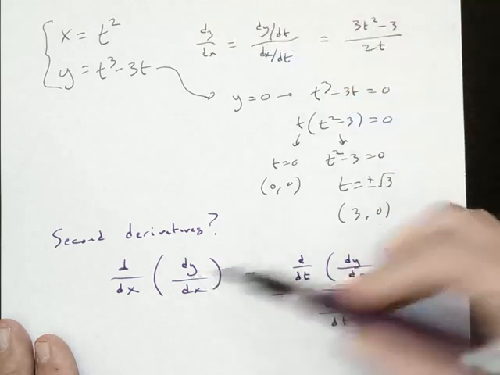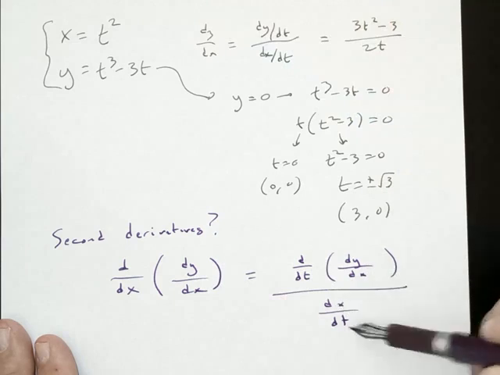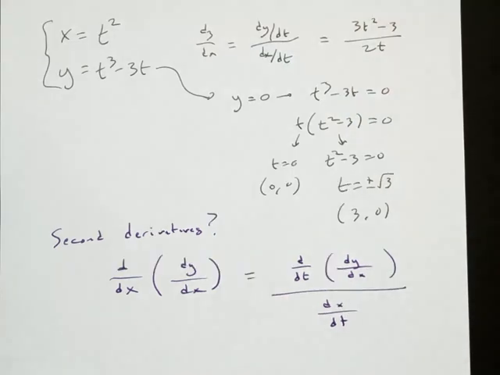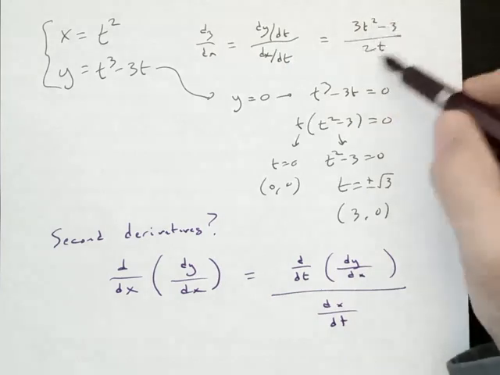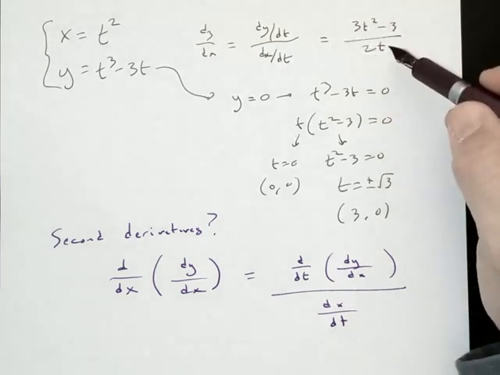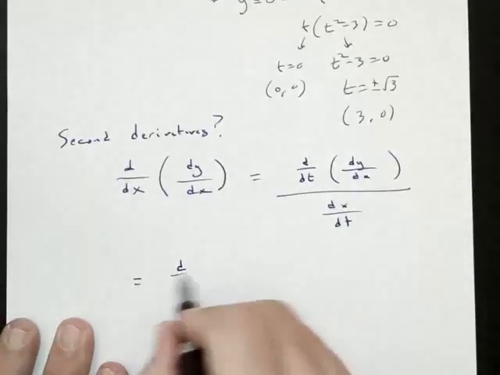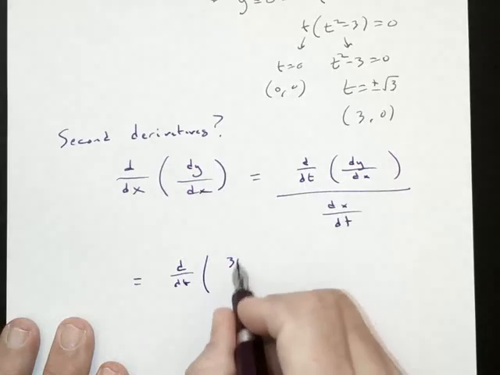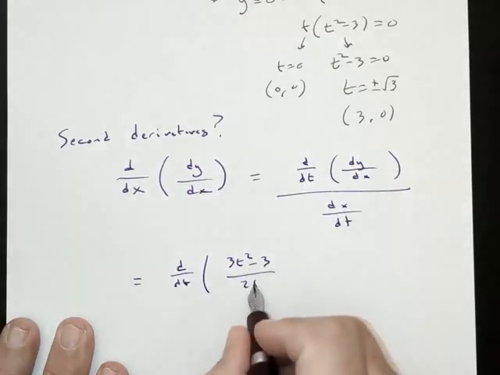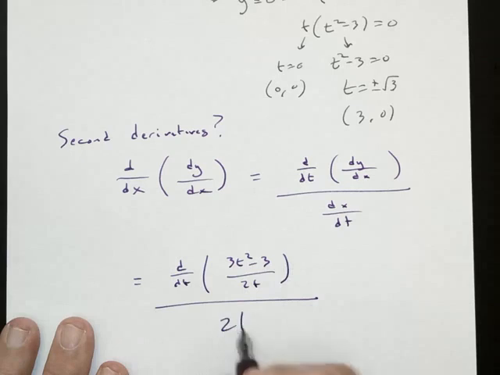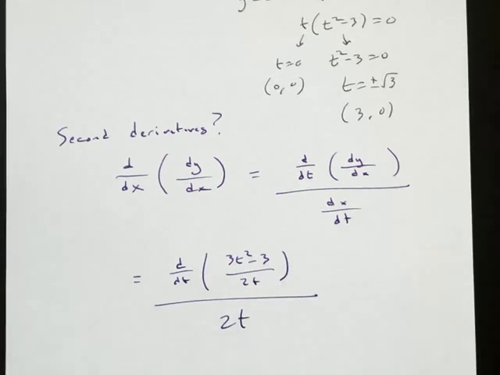Well, now I'm taking the derivative with respect to t of this thing, over dx/dt. I know how to do that because this is the quotient rule. And we already know what dx/dt is. Ta-da! Oops. 2t. Yes, 2t.